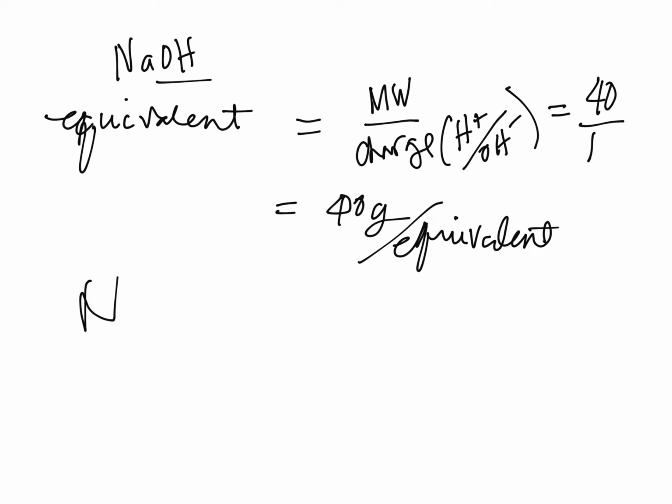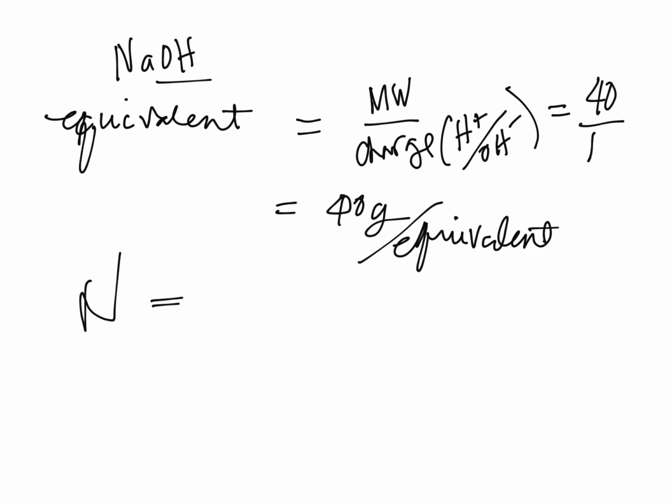So that means for the normality, you need to calculate the mass; the formula should be the equivalent of sodium hydroxide divided by the volume of the solution.